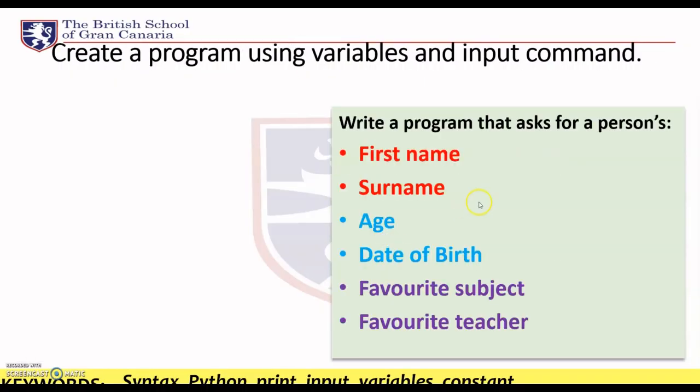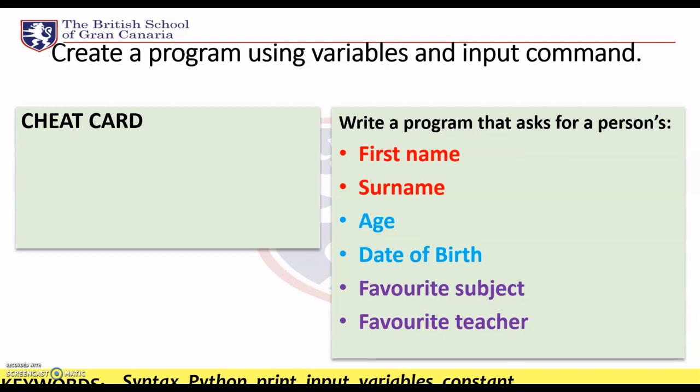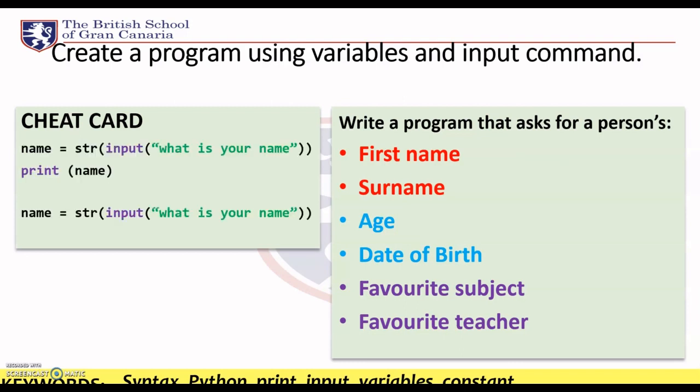Now, you're going to write a program that asks for the person's first name, surname, age, date of birth, favourite subject, favourite teacher. You need to put in the correct data types. Here's a cheat card: name, string, print name.